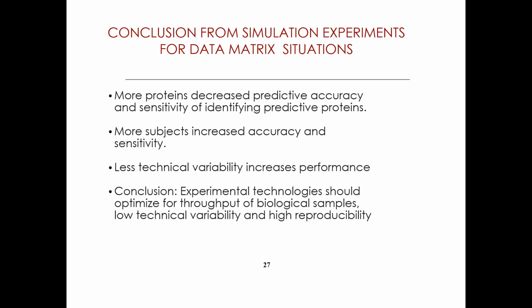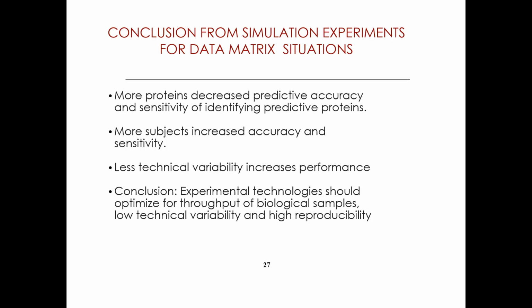The upshot is that, and this is an important lesson I think from the point of view of the DAA techniques, if we want to do classification, but I think this also applies to other type of analysis like clustering, although I'm not sure about that, but certainly in the case of this biomarker scenario where you want to separate groups, it always, under any condition, with any instrument, with any data type, and with any kind of simulation, it was always more beneficial to make a larger cohort than to go very deep in terms of proteins.